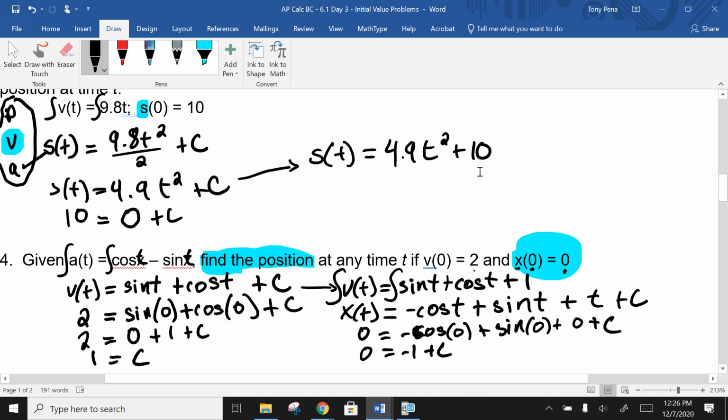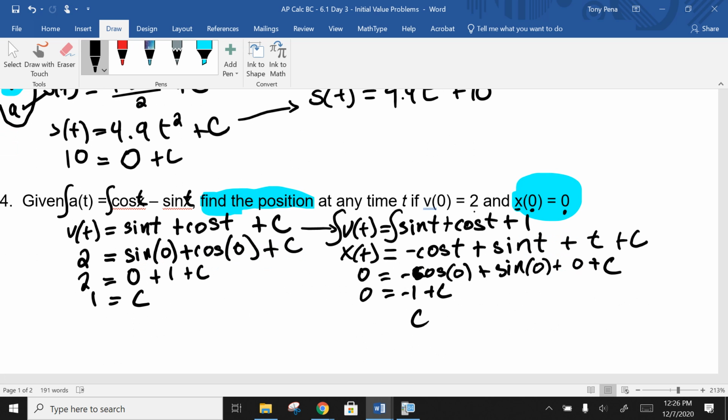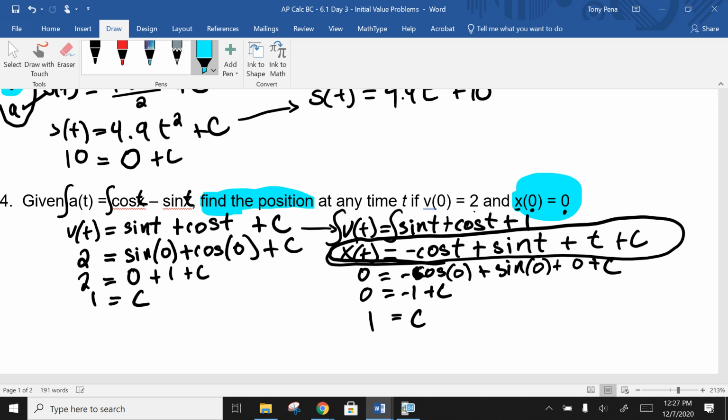You should get that c to end up being a positive 1. And then because I'm lazy and I'm the teacher, I don't have to. You don't get to do this, but this ends up being our answer right here. All we now do is go back to whatever this c was, and we replace it with what we now know it to be. And then that c is a 1. Right? Simple enough, hopefully.